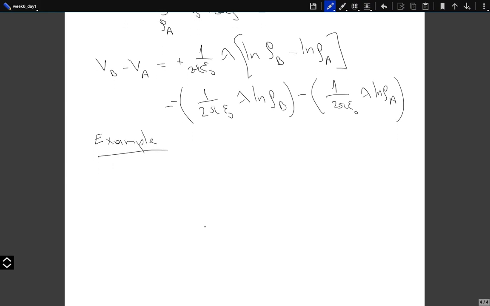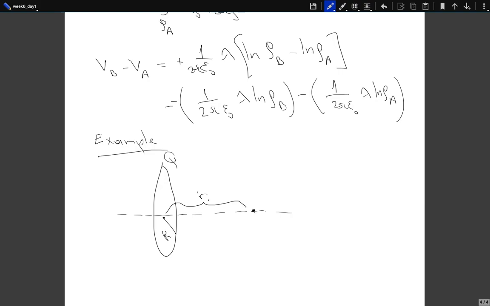Let's look at the other example. We had this ring. Let's say we have a ring of total charge Q and radius R. This is the center of the ring. And we are, let's say, at a distance small r from the ring.